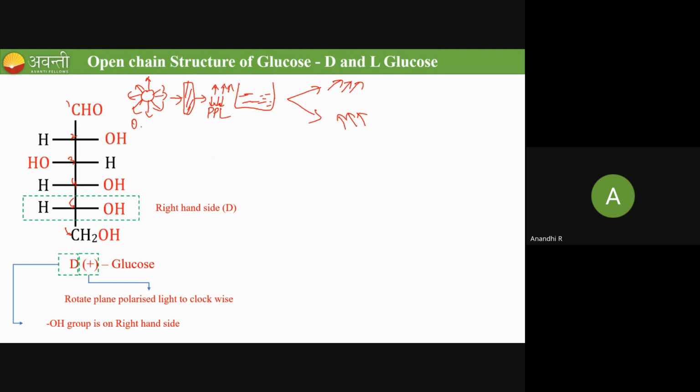This is the ordinary light and this is your plane polarized light. I'll discuss dextro and levo rotatory later. Plane polarized light will give light only in one direction. Ordinary light will give light in all the directions, right?